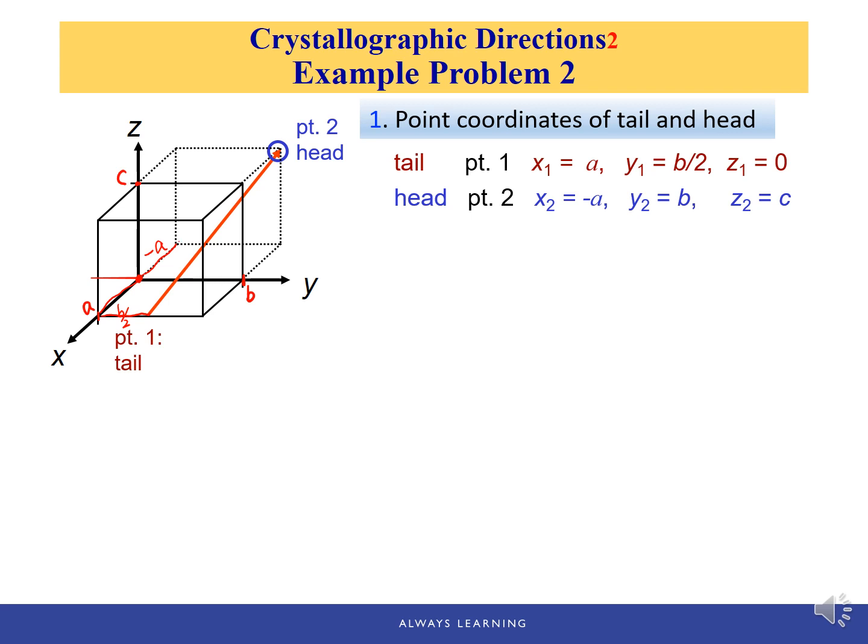Then we change direction to walk along the positive Y direction, the distance is again B. Lastly, we change direction to go along the Z axis, and the distance we travel is C to arrive at point 2. Therefore, for the coordinates of point 2, x2 is negative A, y2 is B, and z2 is C.